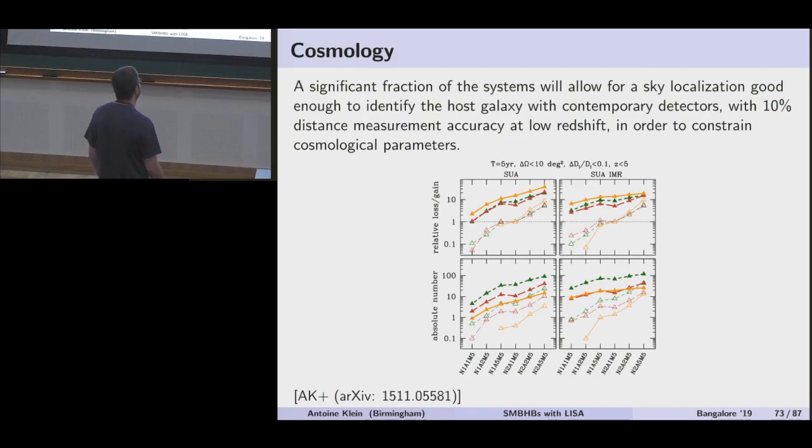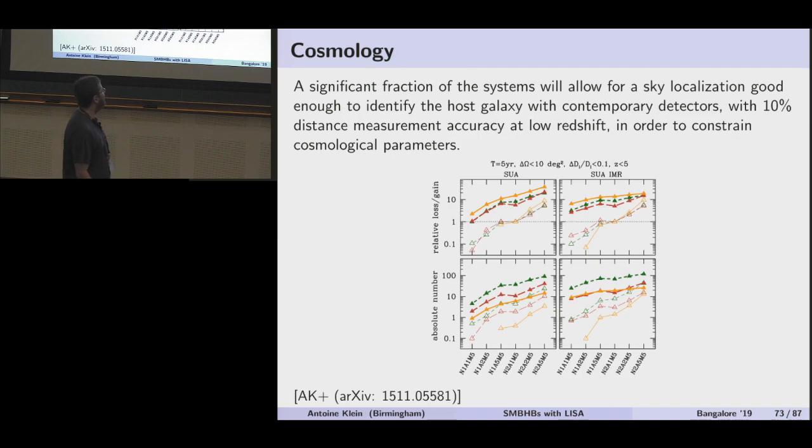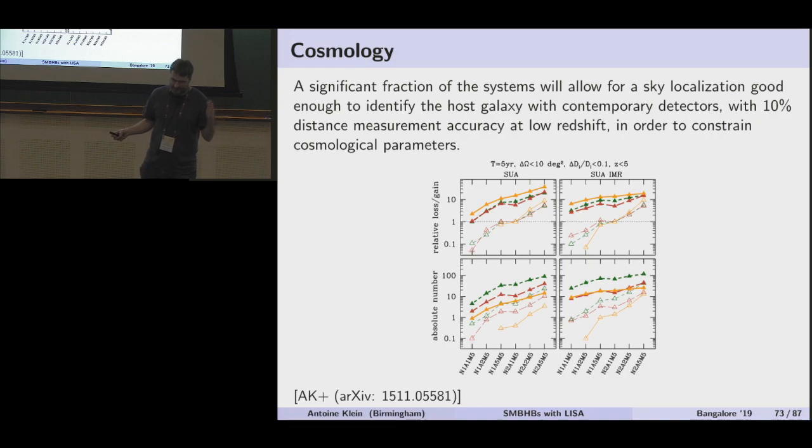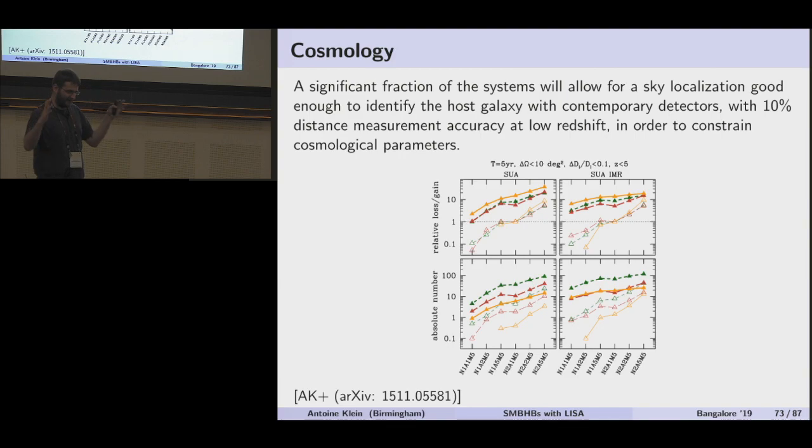Better localization. Yeah. So this is not the best we can do, right? For loud sources, we can do much better. But what we wanted to do is that we looked at planned electromagnetic missions that would be contemporary with LISA, and what's their field of view.